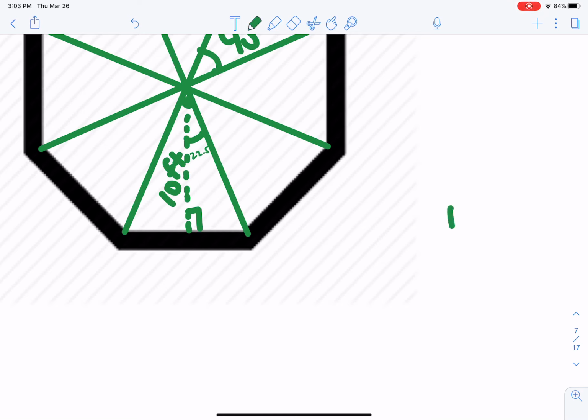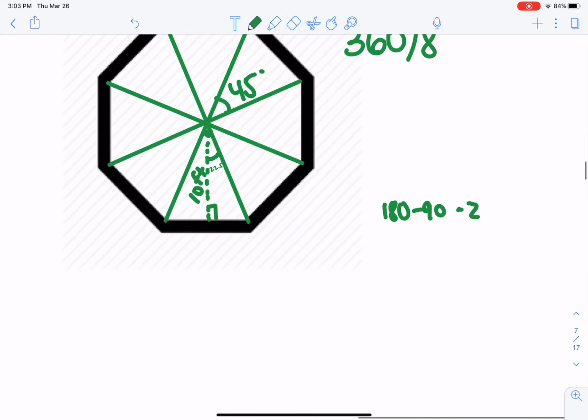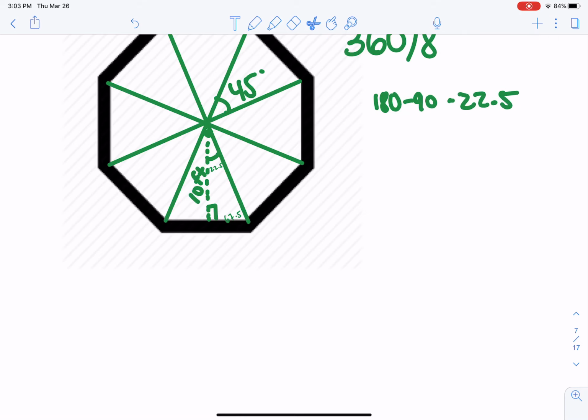Then I will do 180 minus 90 minus that 22.5. And that gives me 67.5 degrees for this spot right here. So I will put that in.